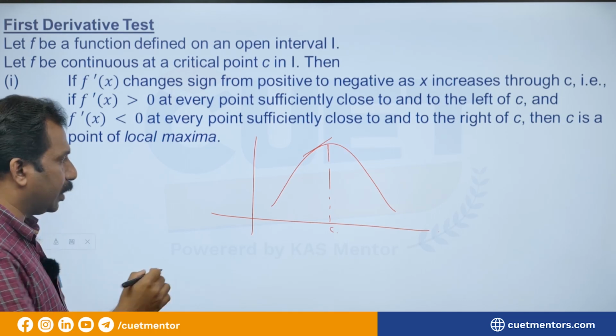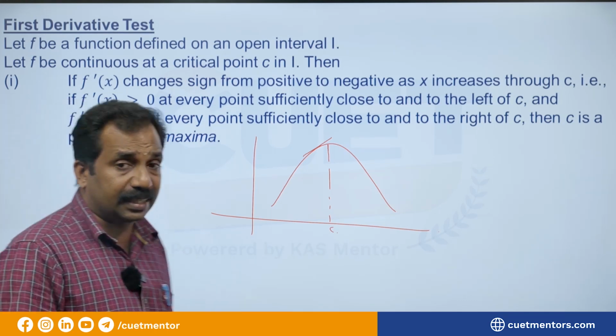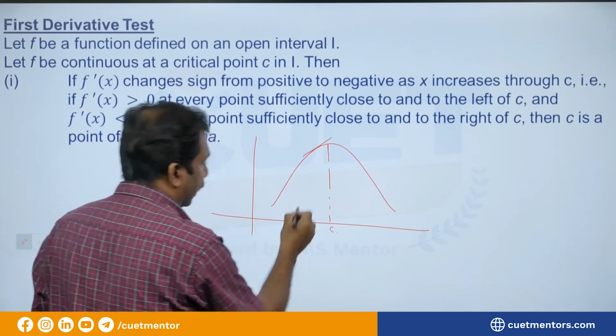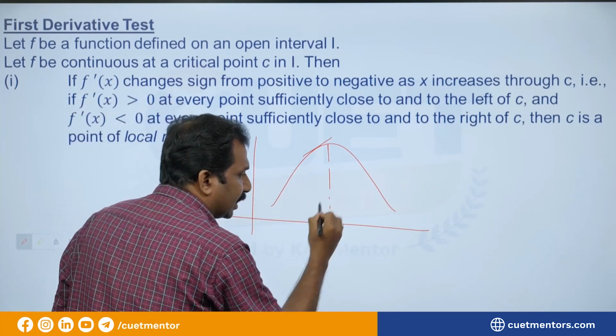We know that if a function is increasing, then the first derivative should be greater than 0. So that is what it says, that f dash x changes its sign.